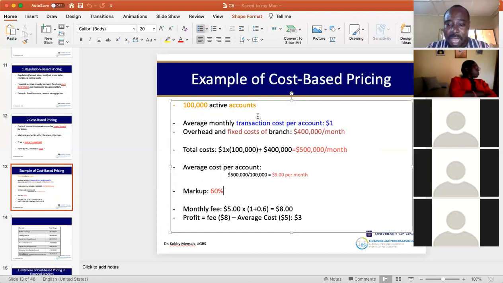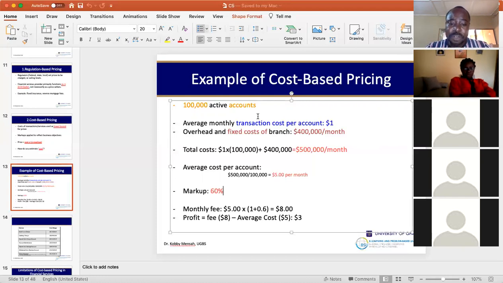Remember the 1 cedi here is per account. If you multiply the 1 by the total accounts, which is 100,000, that gives you 100,000, plus the 400,000 overhead and fixed cost. That gives you 500,000 per month.